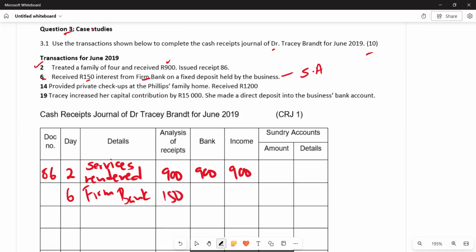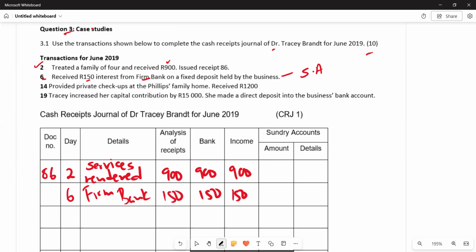Which is the same amount that is going to come under bank, 150. And also we see that this interest is an income, so it should come in. For our sundry accounts, we know that it's going to come there because it's not part of our core activity.